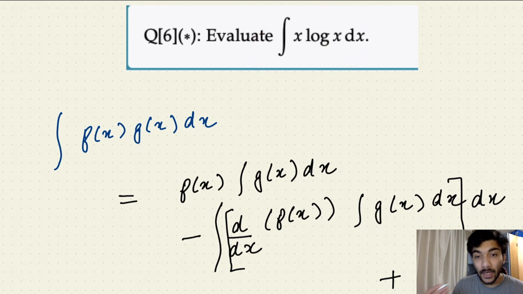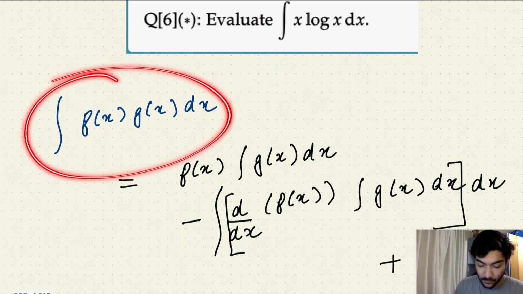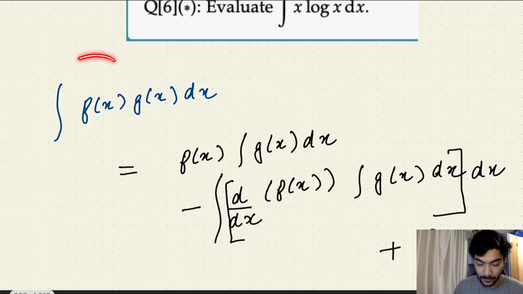And the general idea about integration by parts is, if you have a combination of two functions over here and you're calculating the indefinite or the definite integral, you take the first function as it is, integrate the second function and have it in your first expression.